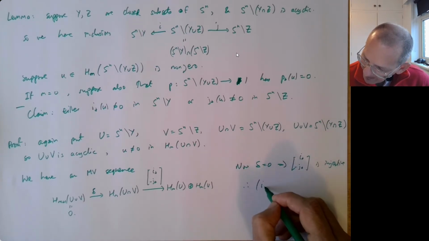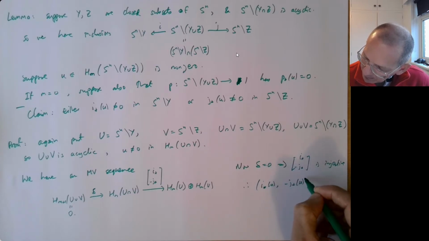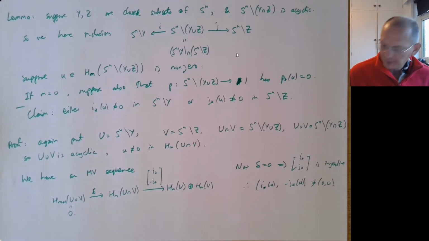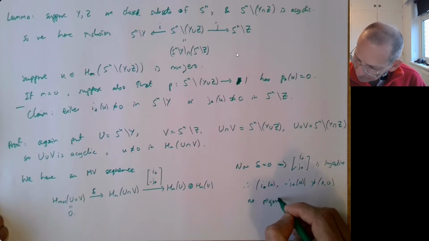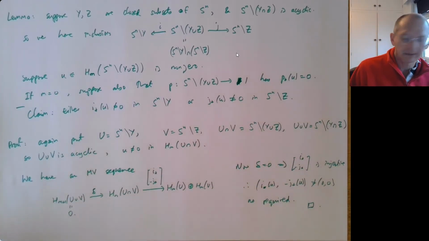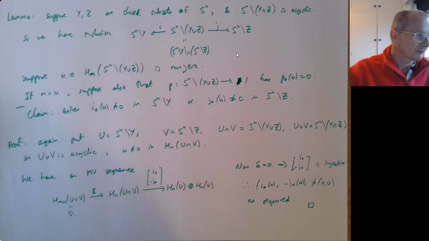And that means that the pair i lower star U minus j lower star U is not the pair 0, 0, and that's all we were claiming. So what goes becomes non-zero one way or the other.